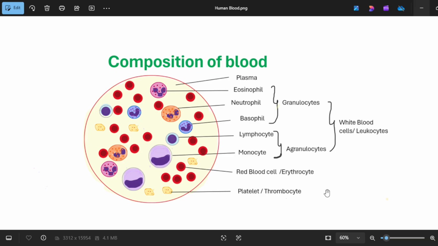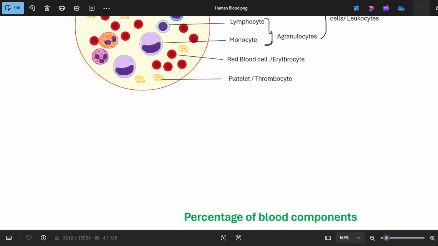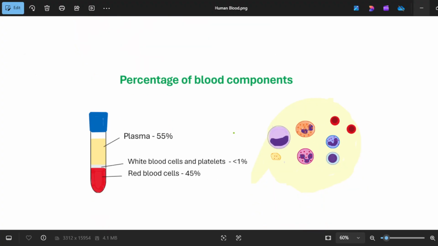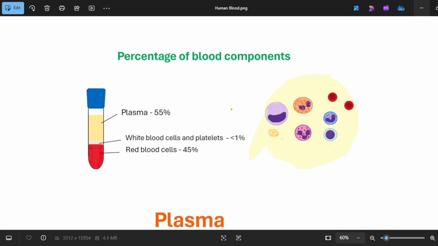Now we will be seeing the different percentage of the components, how much amount of each of these components is there in the blood. So if you see here, this is a test tube. This test tube is placed in the centrifuge machine.